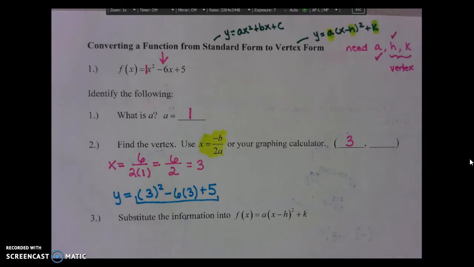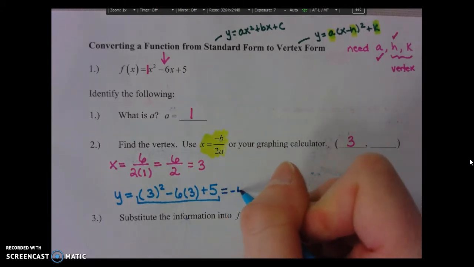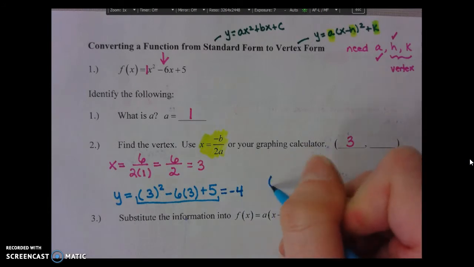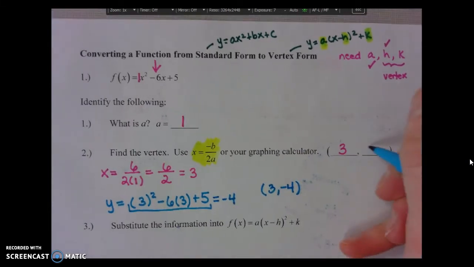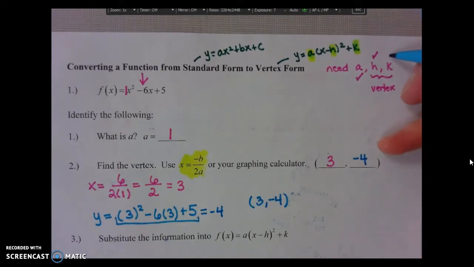Do I need to come around the room and check everybody's calculator and screens? I can happily do that. Done it before. What answer do we get? -4. So you have the ordered pair, 3, -4. Awesome. That's K.